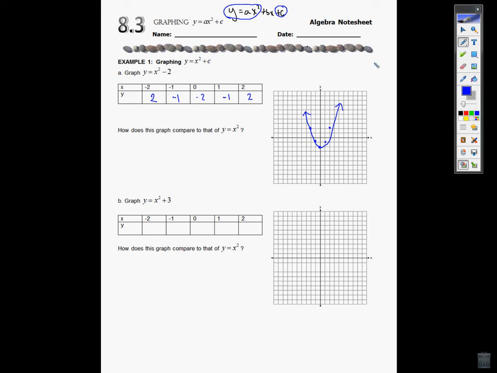So how does this compare to y equals x squared? I'll give you a rough estimate of what y equals x squared looks like right in here. How does it look like it changes? Does it look like it becomes any wider or slimmer?